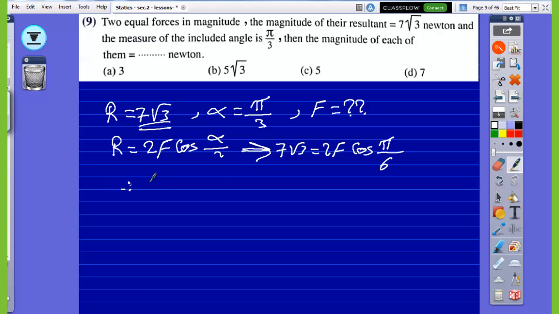So 7 root 3 equals 2F cosine pi over 6. Pi over 6 is 30, and the cosine 30 equals root 3 over 2.